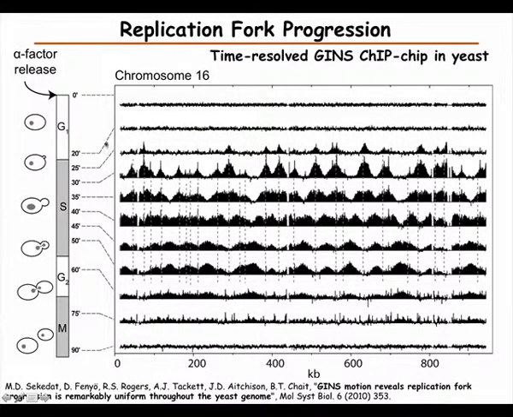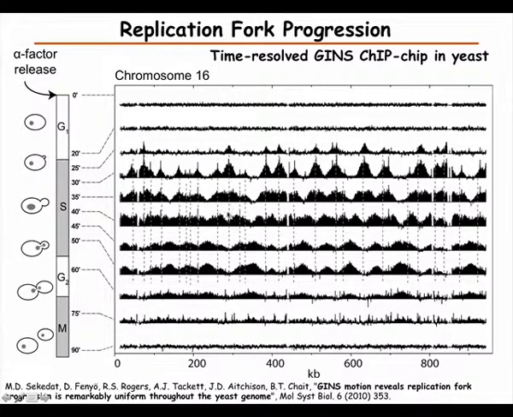Then when we enter S phase, we start seeing binding to the origins of replication. First it binds, then it accumulates and starts spreading. And then here it has merged with the neighboring one.